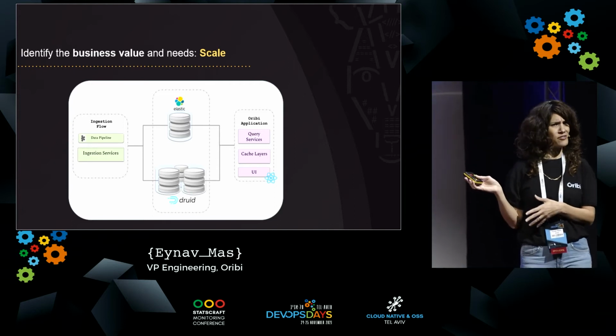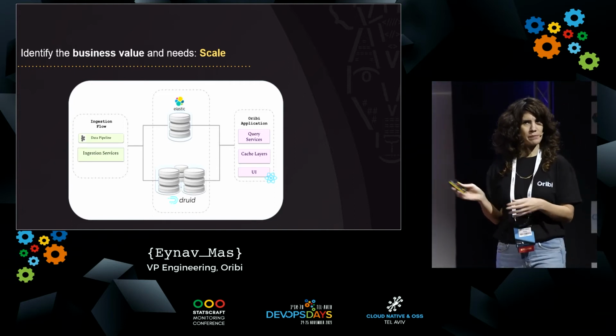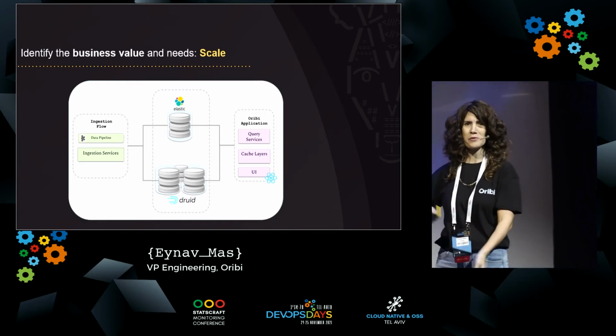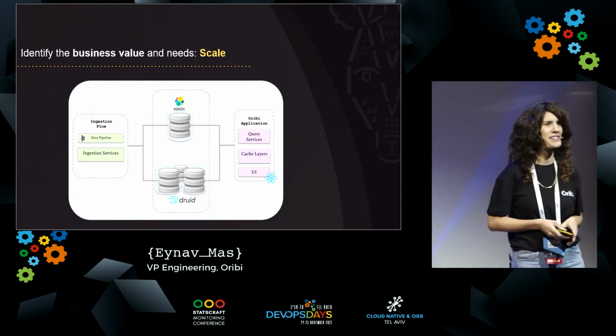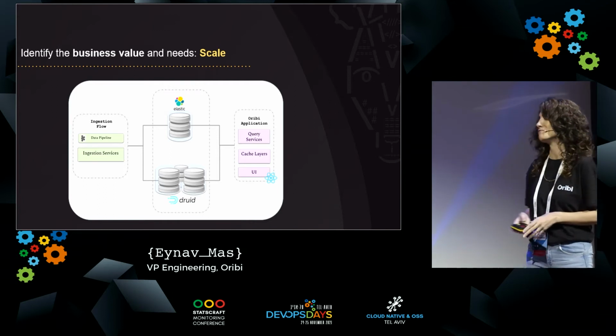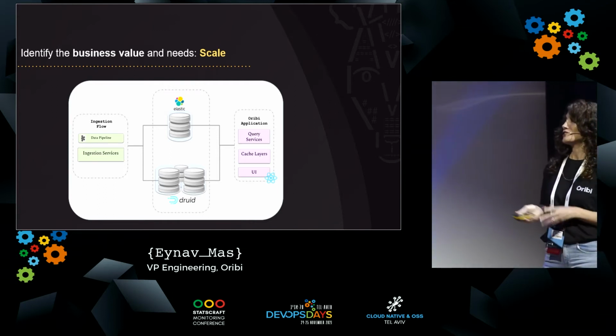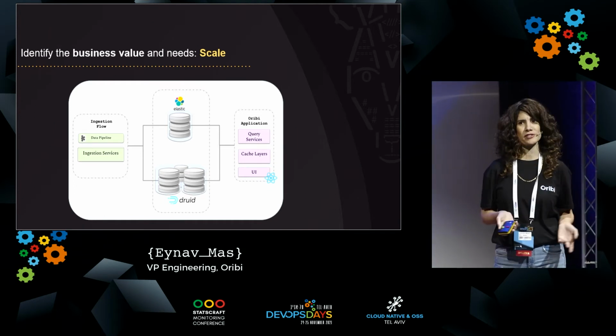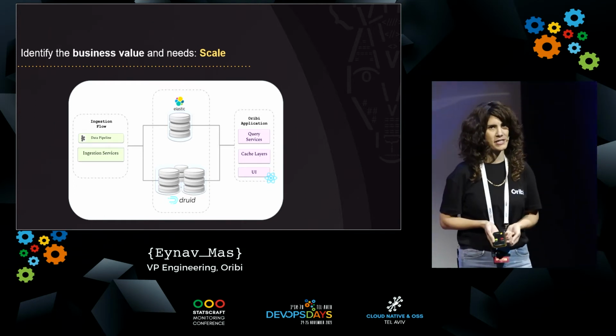So this is Oribi in a nutshell. I want to explain shortly what we did. Of course, that's not the whole system. We have 100 microservices and everything is complicated and fun. But just to explain how we made the change to support the increased usage of the system.